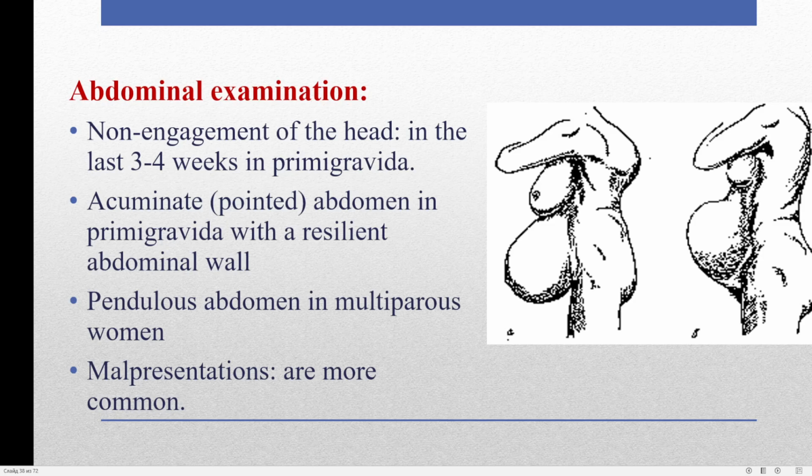Next type of examination is abdominal examination: non-engagement of the presenting part in the last 3-4 weeks in primigravida, absent normal engagement. Pointed abdomen in primigravida with a resilient abdominal wall.